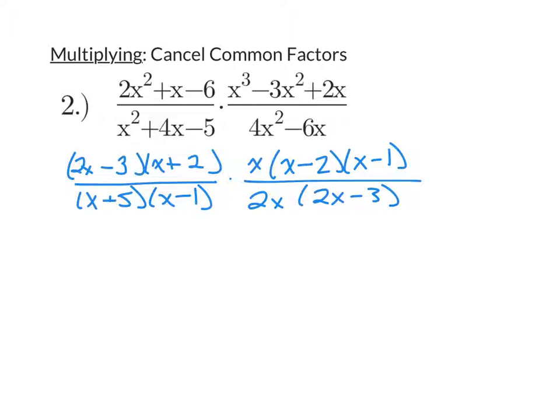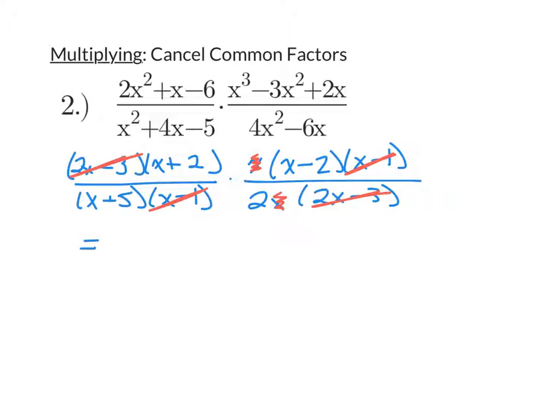Now that both rational expressions are factored completely, what we want to do is cancel those common factors that we see in the numerator and the denominator. One that I see is this 2x minus 3, the x, and the x minus 1. Otherwise, I don't see any other common factors in the numerator and the denominator.